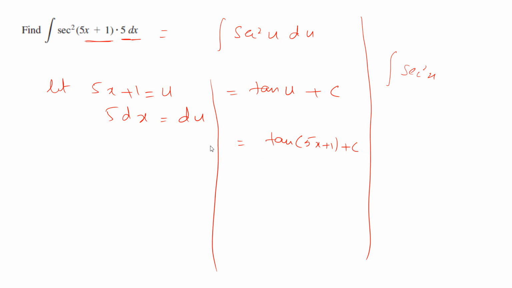Okay, now next. Well, there is another example, cosecant square 2 theta cot 2 theta. So what to do? Okay, let's try.